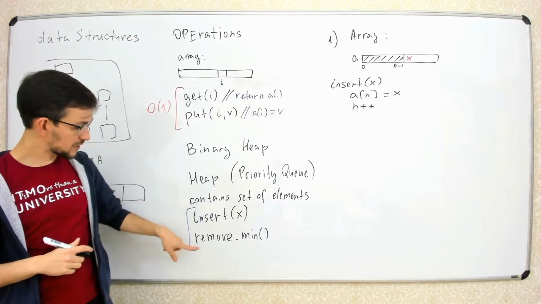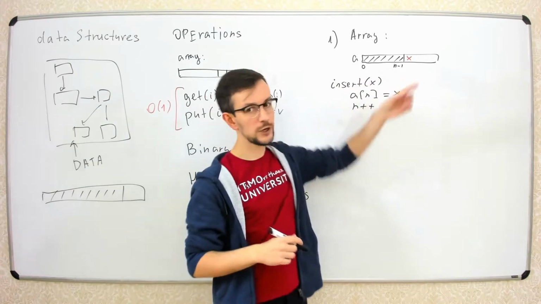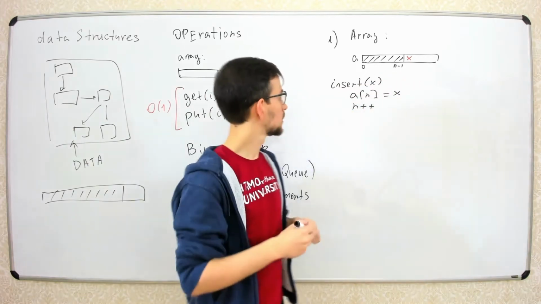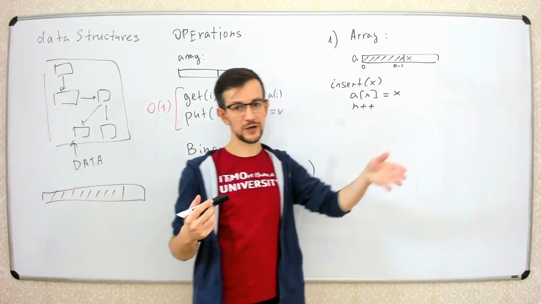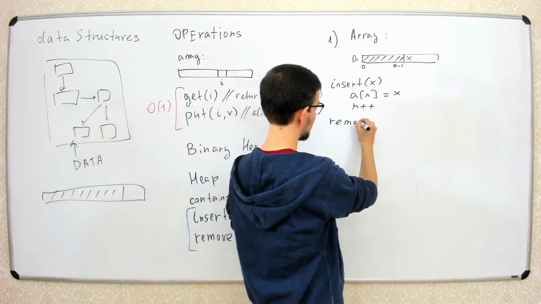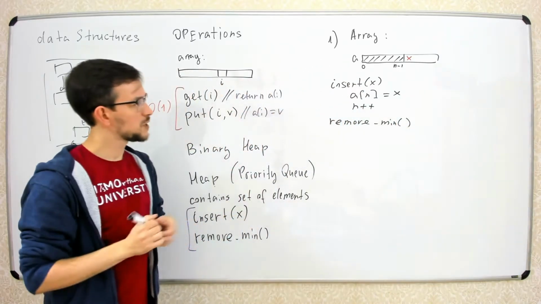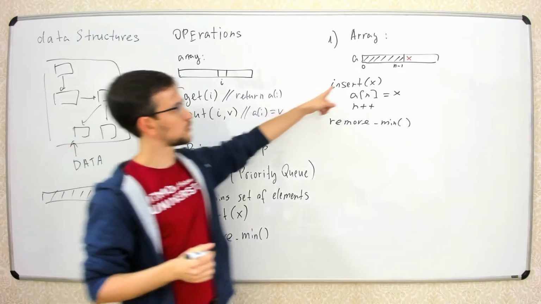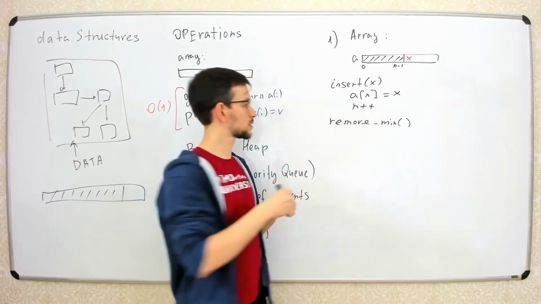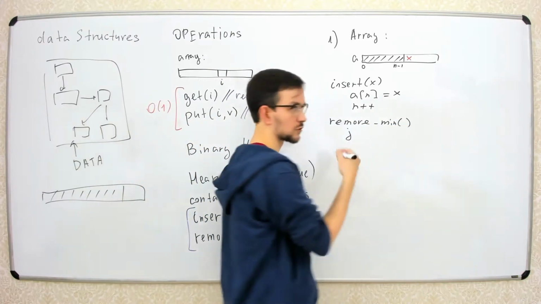Now the second operation, we need to remove the minimal element. To remove the minimal element from the array, we need to find this minimal element first. So how to find the minimal element in the array? I hope you know how to do it. Let's just iterate over all elements and find the minimal one. Let's say j is the index of the minimal element.